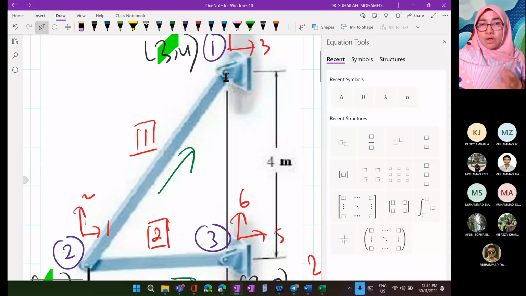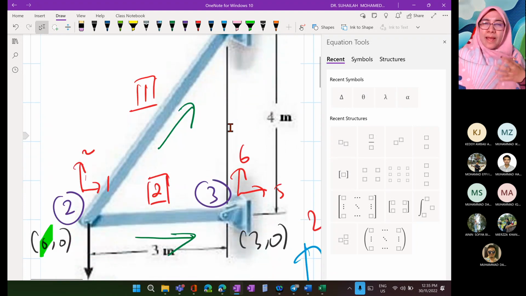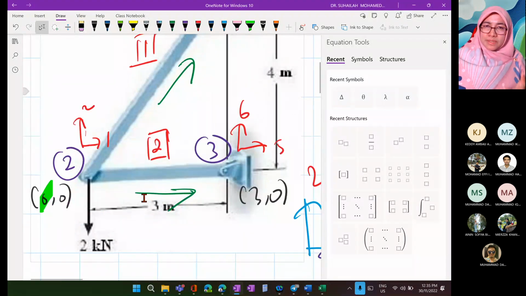Right? Because of the support. We put support because we don't want this to move. So displacement is equal to 0. D for displacement. And what happens to the displacement at node 2, D1 and D2? Can it move or cannot move? D1 and D2.